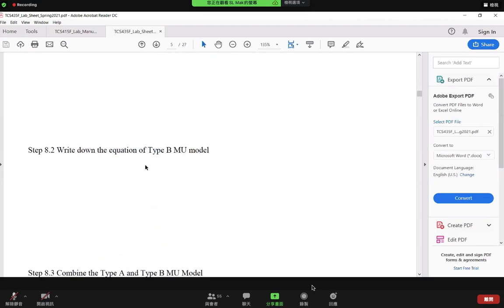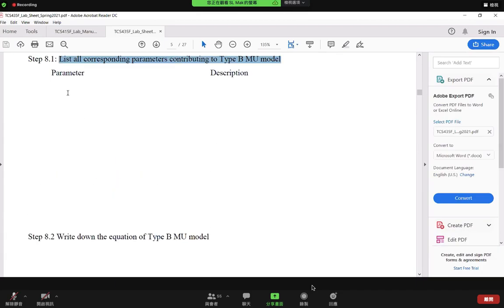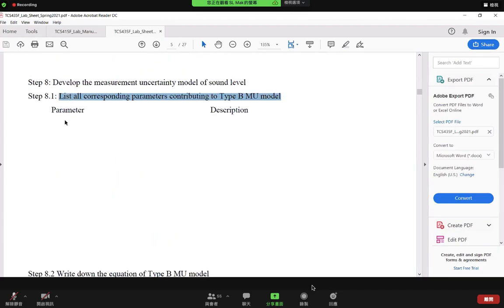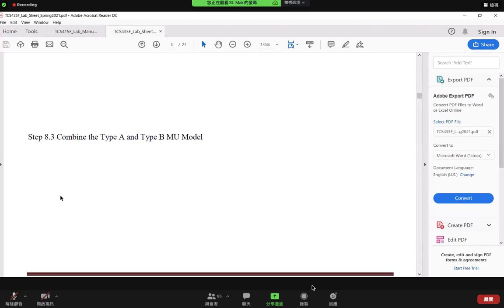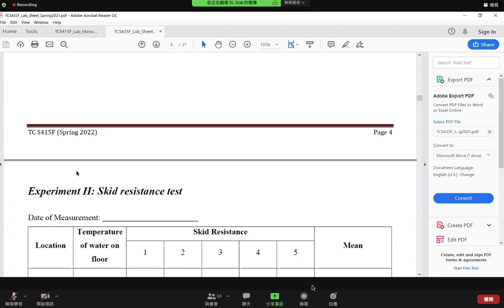And then write down the equation of the type B MU model using all parameters you mentioned in step 8.1, and combine the type A and type B MU models. Okay, that is our experiment 1.